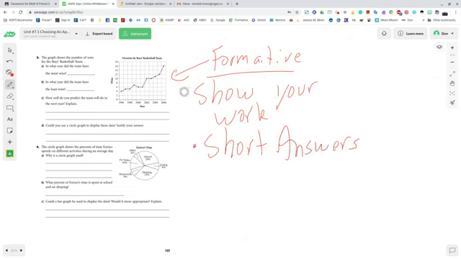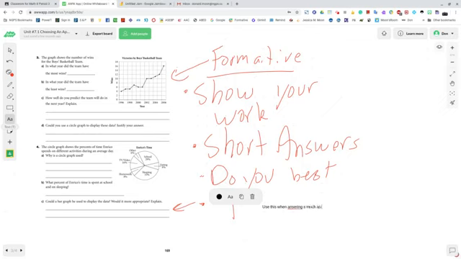Either way, do your best. And if it's a written answer like this, use the T tool like this. It's the A tool or the text tool. So I can type in here, use this when answering as much as possible.